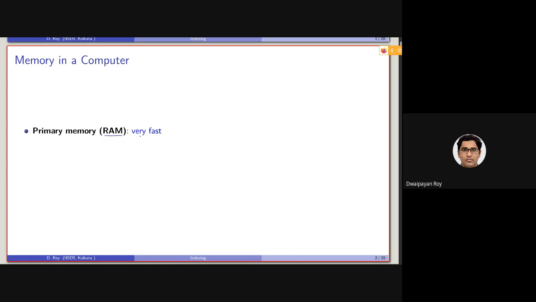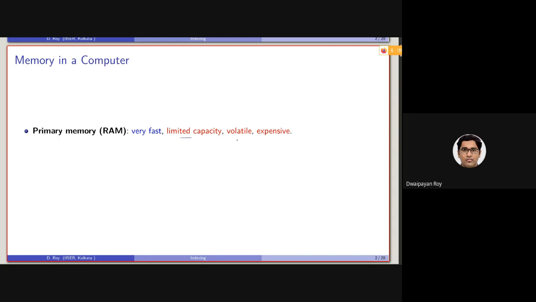The execution speed of RAM is very fast, but it has certain drawbacks as well, like limited capacity. As compared to a hard disk, the RAM would be maybe more than say 100 times smaller than the capacity of a hard disk.